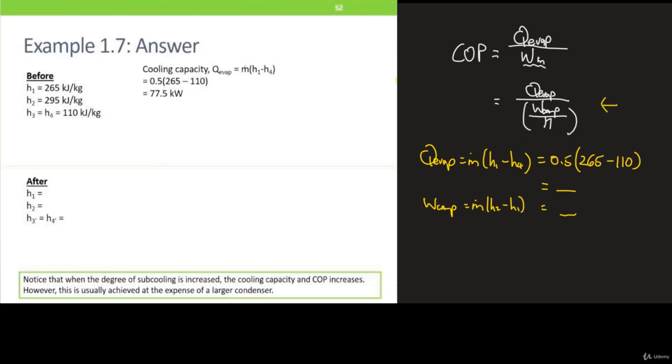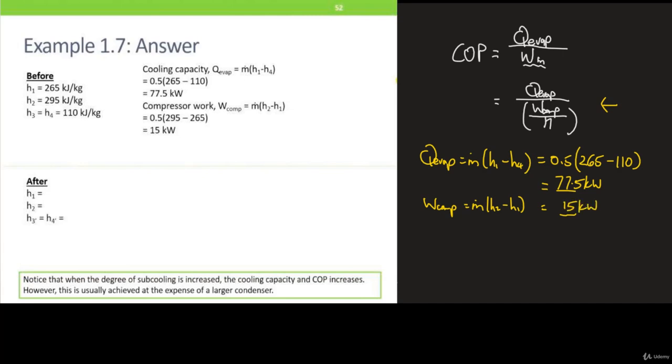So first, if you sub in this, you will get 77.5 kilowatts. That means it's able to provide 77.5 kilowatts of cooling, but it requires 15 kilowatts of work done.